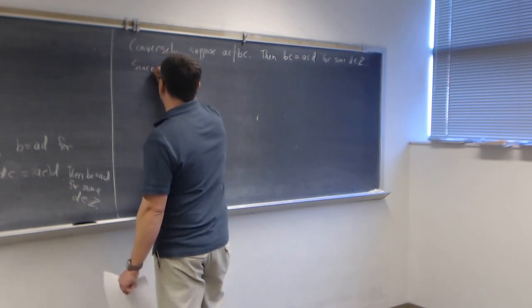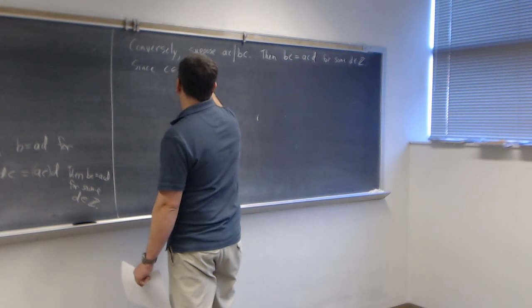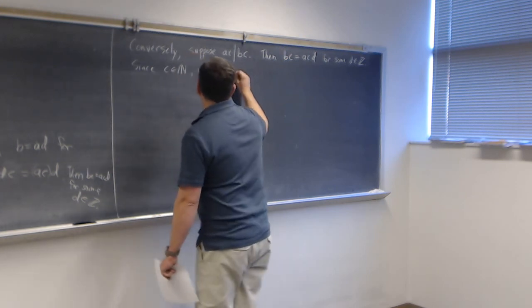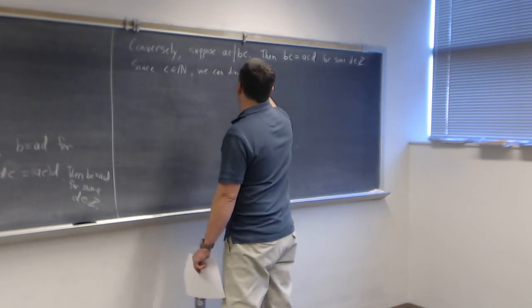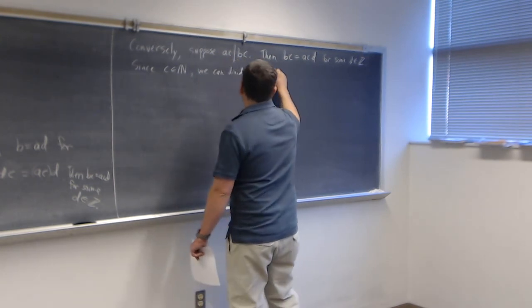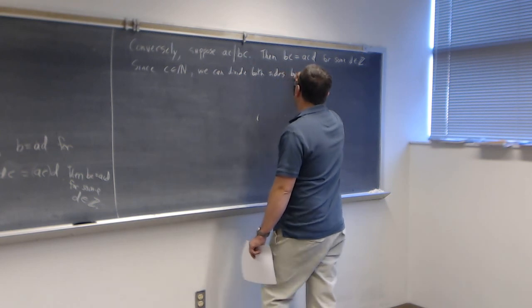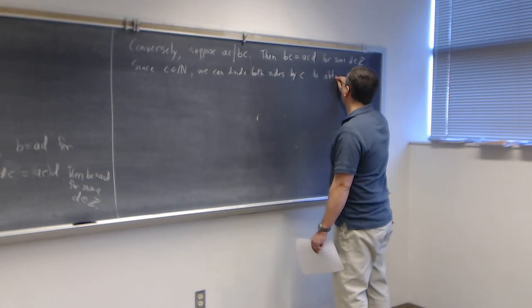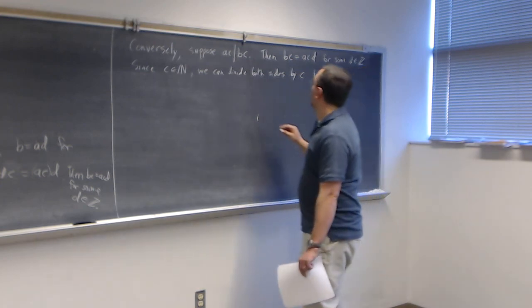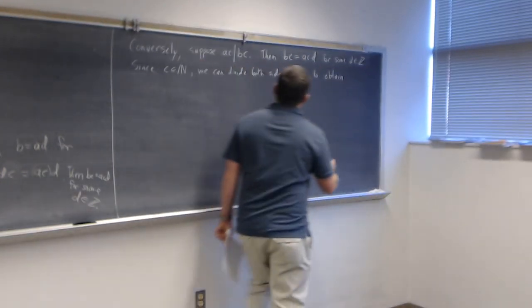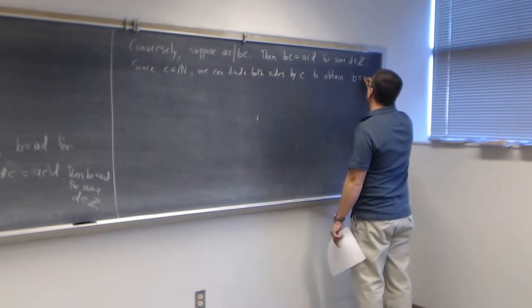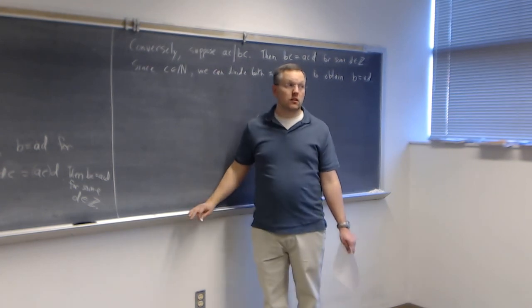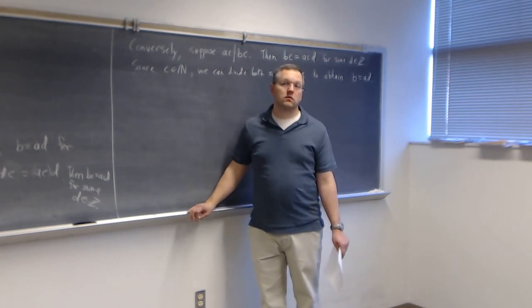So since C is a natural number, we can divide both sides by C to obtain B equals AD. That's the definition of A divides B.